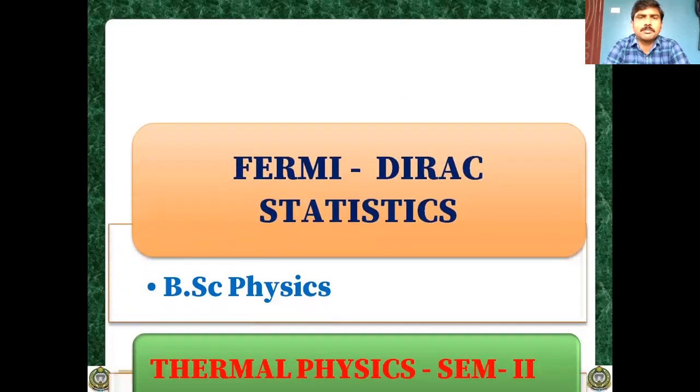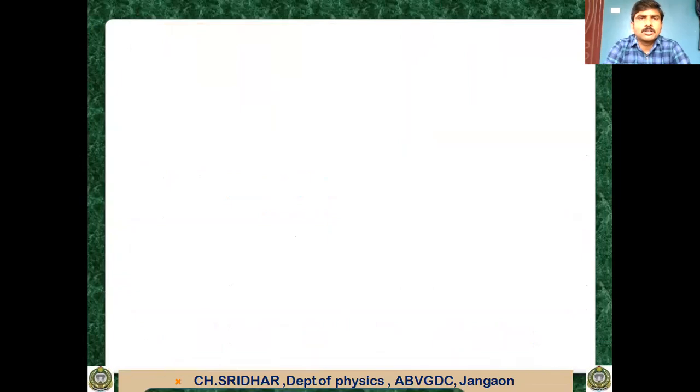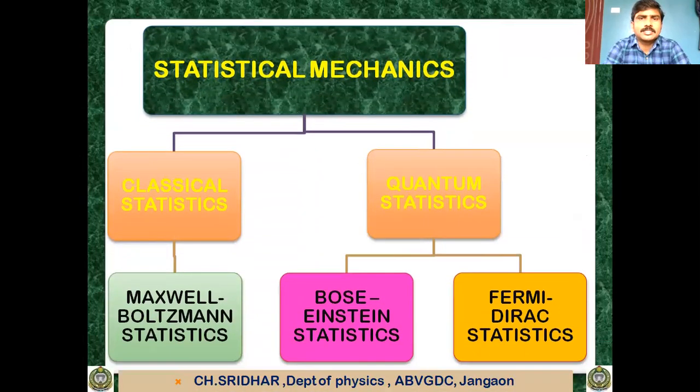So this is the Fermi Dirac statistics from BSc Physics second semester, the paper titled Thermal Physics, and Unit 4 titled Statistical Mechanics. As far as the statistical mechanics is concerned, it is classified into two: classical statistics and quantum statistics.